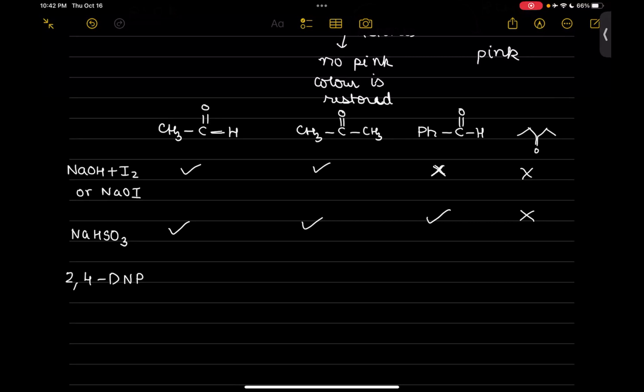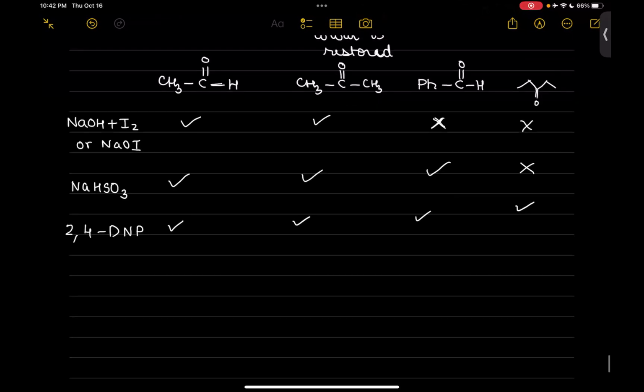And who is going to give the positive outcome? All of them, because all belong to aldehyde and ketone. So this test cannot differentiate between aldehydes and ketones. But aldehydes and ketones can be differentiated from the rest of the other functional groups. Is it clear?